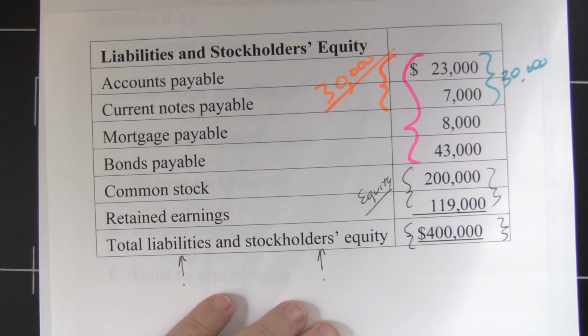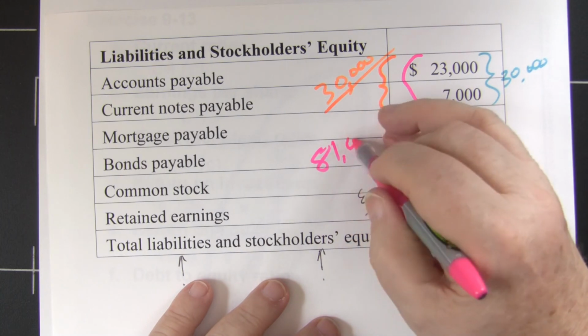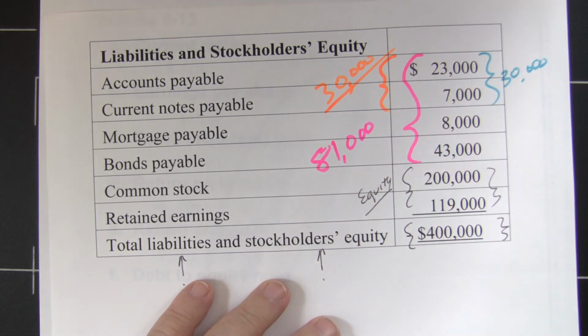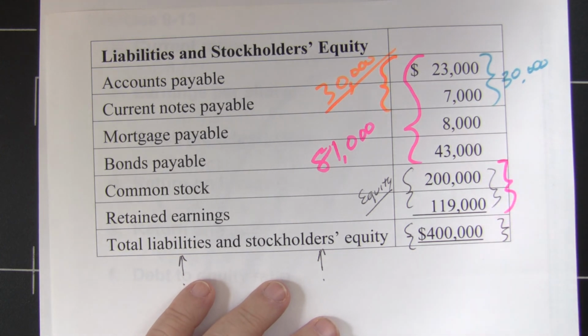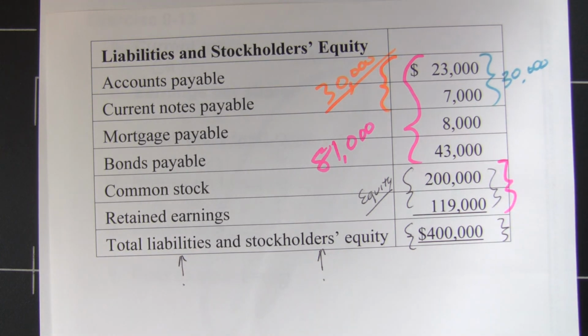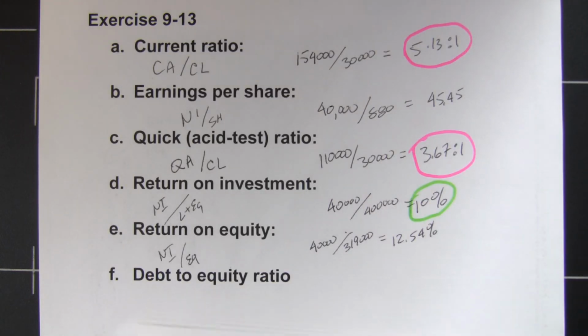Okay? So we're going to look at our debt, which totals 81,000 if you add it up. And we're going to divide it by our total equity, which is 319,000. So our debt to equity ratio is going to be 81,000.